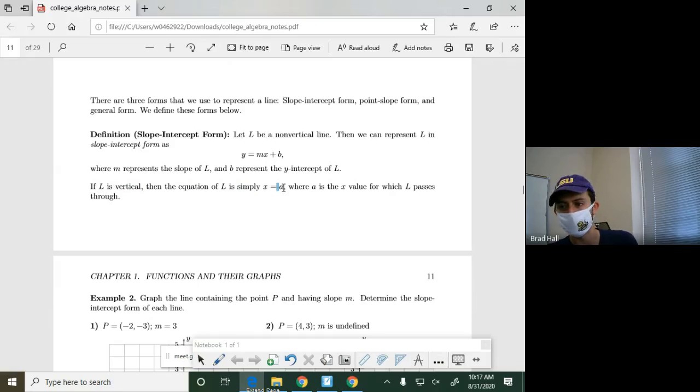And what is a? A is the x value. Again, I have a problem coming up that talks about this. You might notice that in example or part 2 here. Just keep in mind that a vertical line, since there's no slope, will not be written as mx plus b, for vertical lines only.